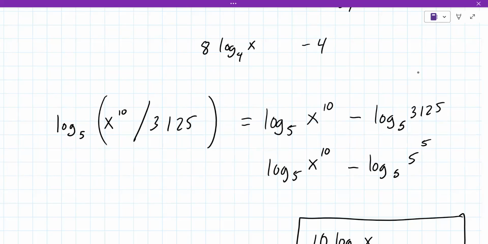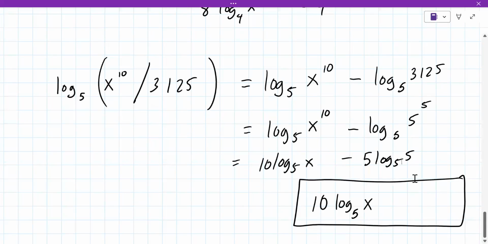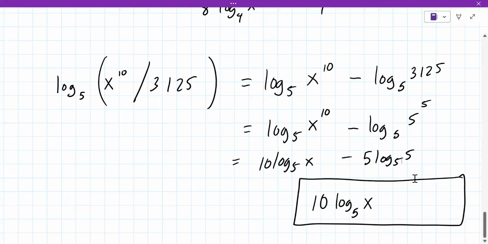We put them right in front of the log, which we would multiply. So that's how you got the first term. What happens to the next term? Oh, I multiplied negative. So it'd be 10 log base 5 of x minus 5. Yes. Good. Got it.